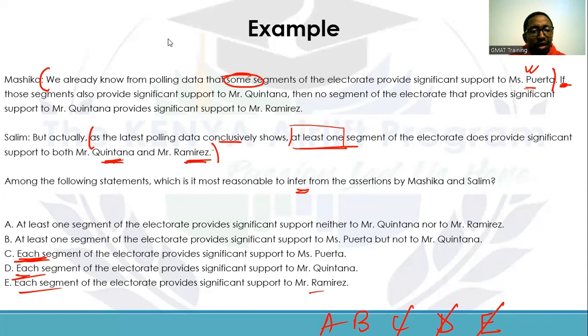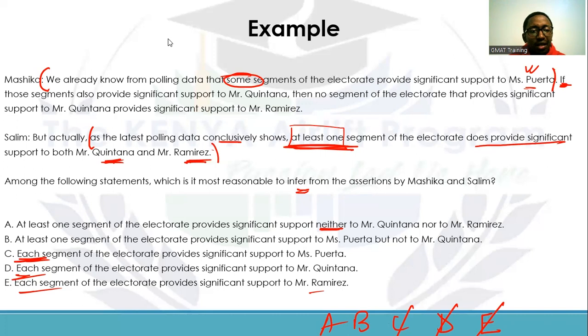So A, at least one segment of the electorate provides significant support neither to Mr. Quintana nor to Mr. Ramirez. So here we know at least one segment does provide significant support to both Mr. Quintana and Mr. Ramirez.